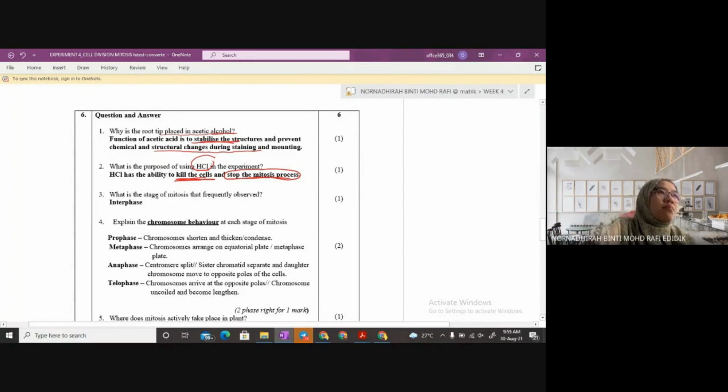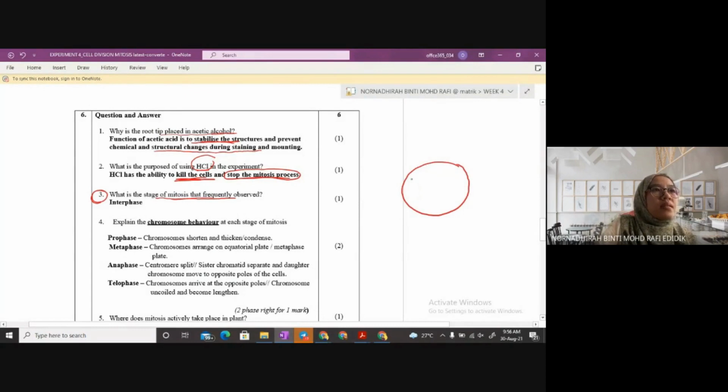Then what is the most, kita kata apa? Most observed stage of mitosis kat sini. Kenapa dia sebut mitosis? Soalan ni tak tepat. Kita tak boleh nak kata dia macam ni. Ni adalah cell cycle.